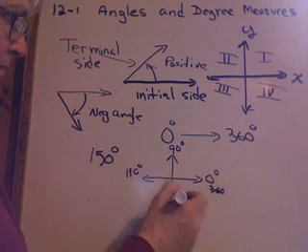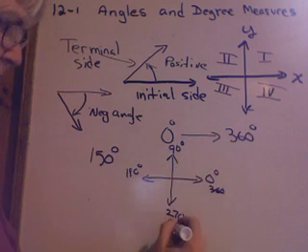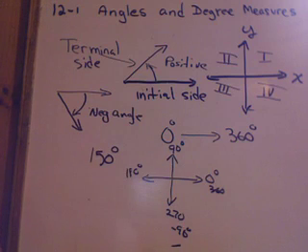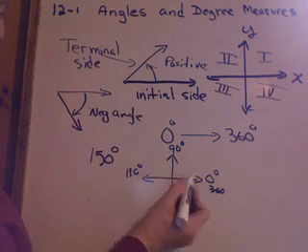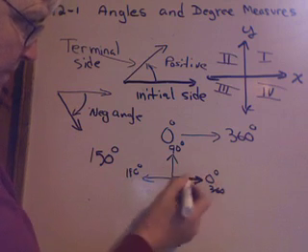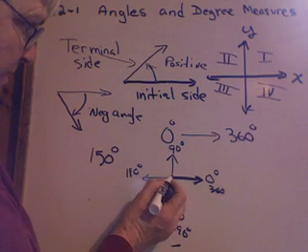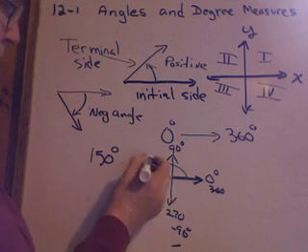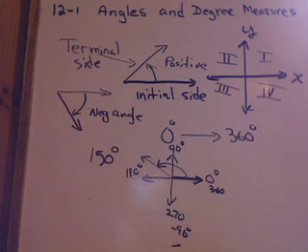If I'm going in the positive direction. If I'm going in the negative direction, this would be negative 90, and so on. So 150, if I was measuring from here, I draw my initial side, and then 150 is somewhere over here in the second quadrant, and there's a picture of 150 degrees.